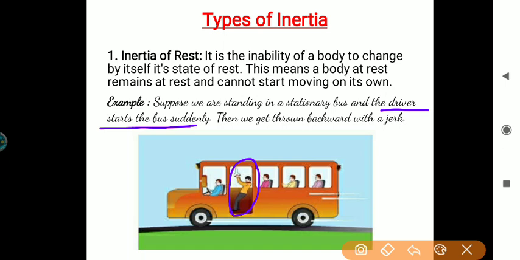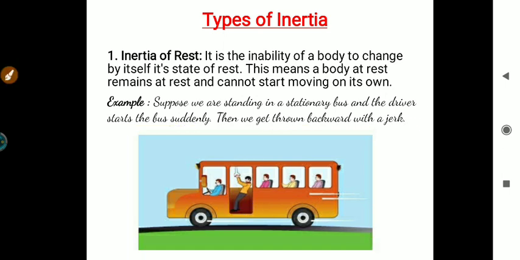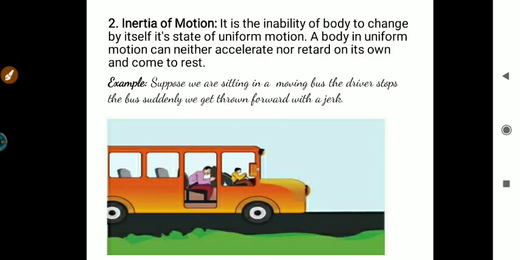The body of this person tries to remain in the state of rest, but due to the sudden starting of the bus, this person feels a jerk or is thrown backward with a jerk. So this is the inertia of rest.